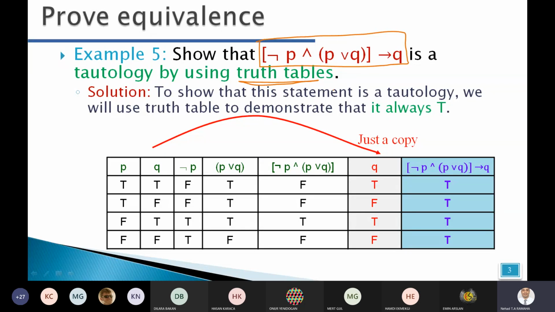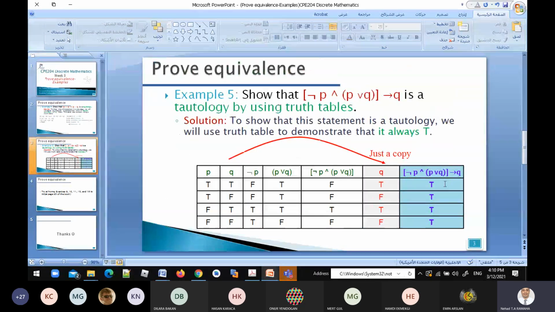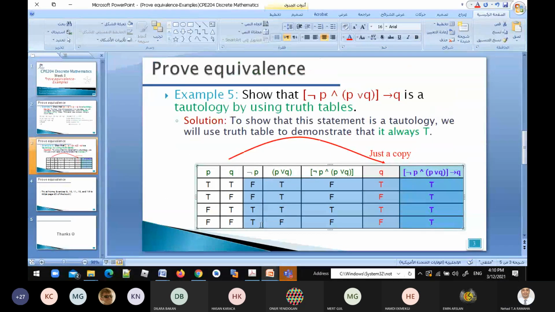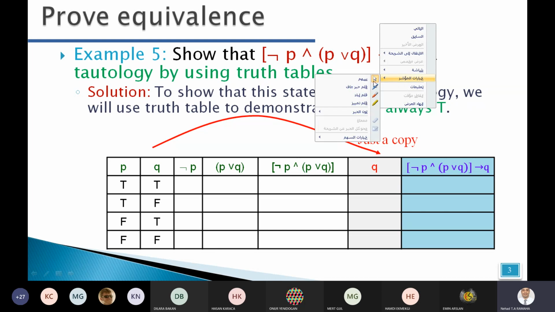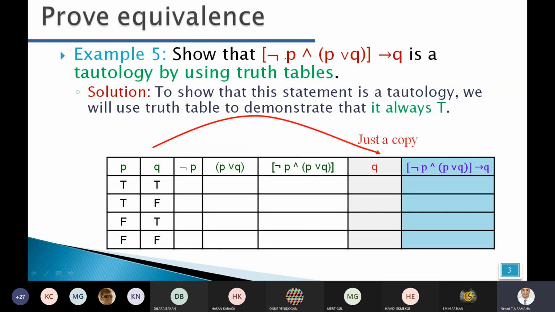Now we need to use a truth table. Let me remove the answer and answer it very quickly, because I think we have become very familiar with this truth table. Okay, then we need to use a truth table to prove that this one is a tautology.